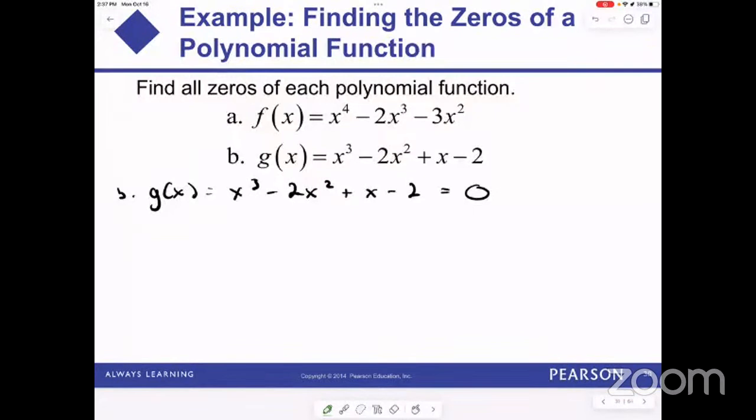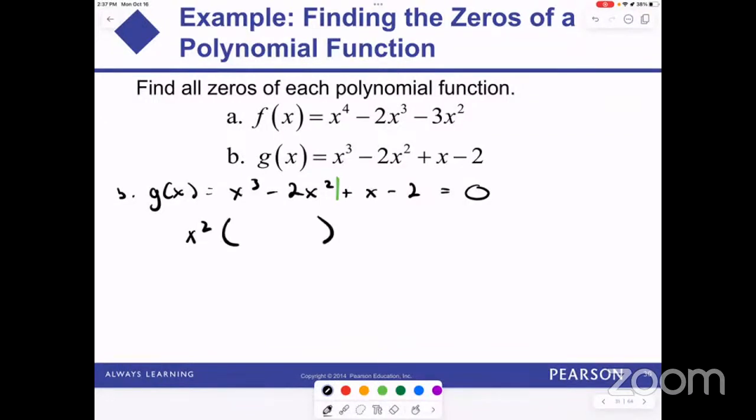So I'm going to use a technique called factor by grouping. First, I'm going to try grouping the first 2 terms together and see what happens. If I focus on the first 2, I can factor out x squared, and we're left with x minus 2.